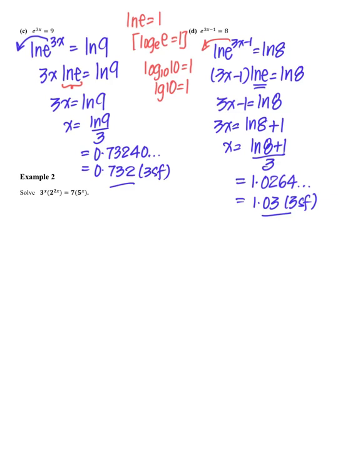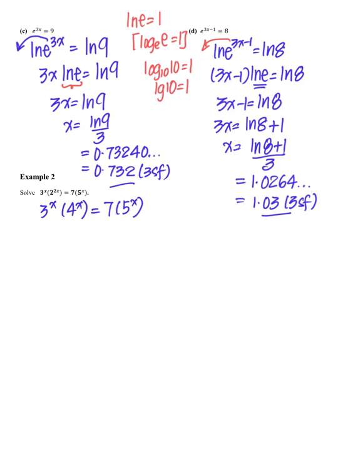Okay, so the bases are different, right, class? So can we therefore try and do something about the powers? Let's see. 3 to the power x, and 2 to the power 2x is actually 4 to the power x, right? So this is equal to 7 times 5 to the power x.